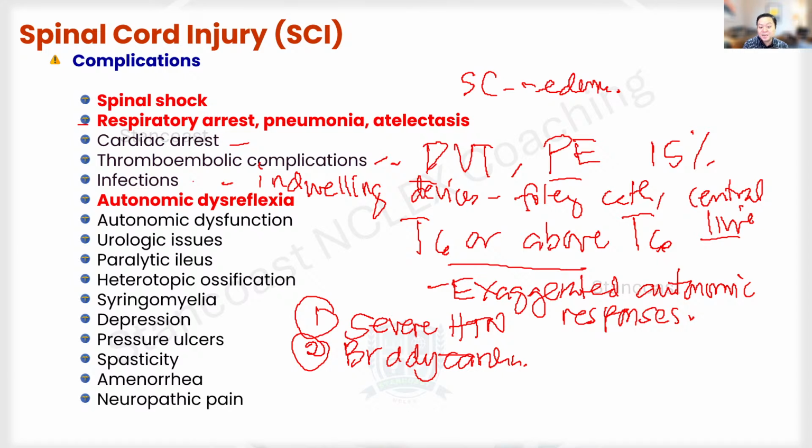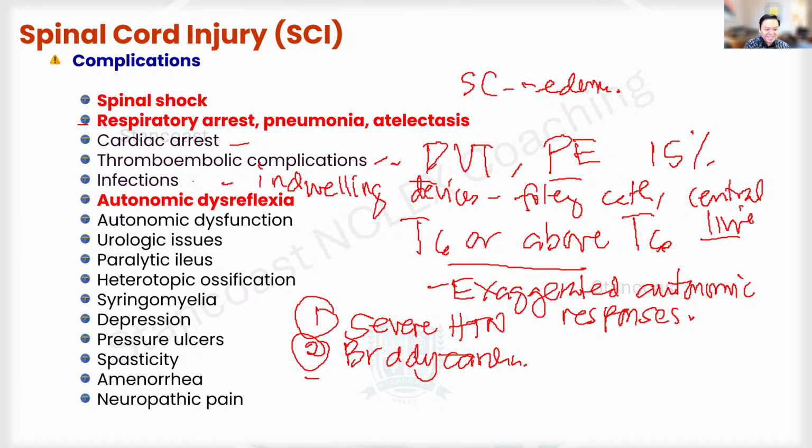There are many more, okay? But we'll focus on these two. Severe hypertension, which is above 200 in the systolic, or the diastolic could be above 120, 130, 150. It's a hypertensive crisis that will occur in this patient. Now, what do you think can trigger the autonomic dysreflexia? Okay, again, these are going to be aggravated by one of the following.